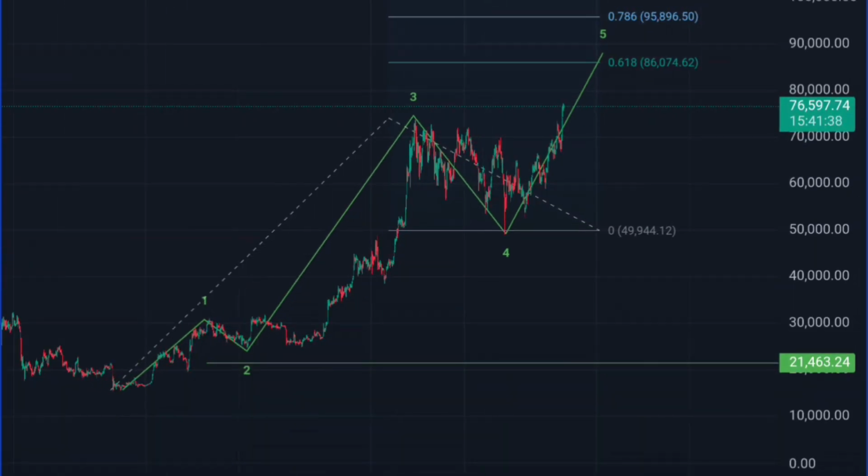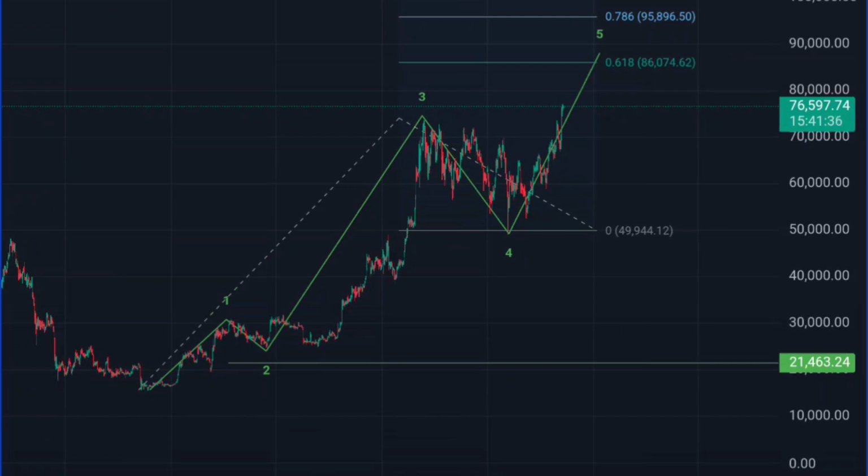I personally think we go a little bit higher, but it's probably going to get there weird. Keep that number in mind. Let's actually mark it off right there in white.